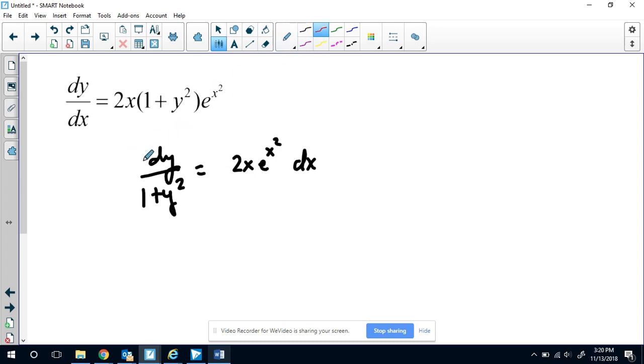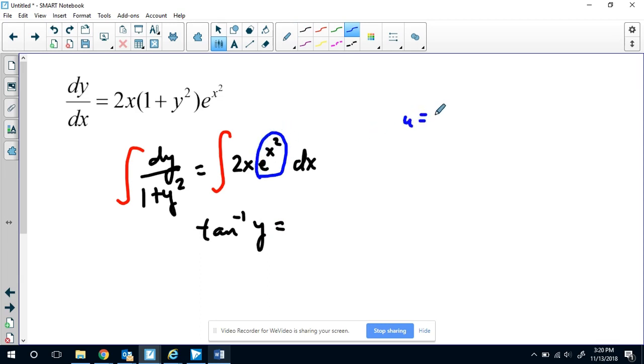Now we're going to integrate both sides. If you notice, on the left, 1 over 1 plus y squared, when we take the integral of that, that's arctangent. So inverse tangent of y equals, now the integral over here, if we take a look, e to the x squared, if I make u equal to x squared, du equals 2x dx.